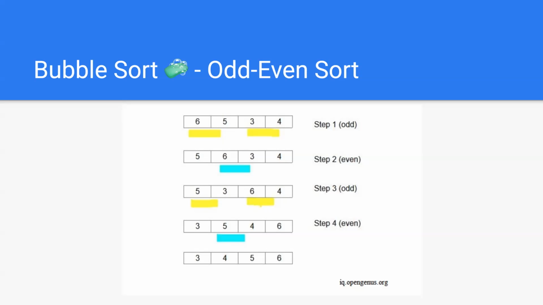Now, what the odd phase does is it compares those adjacent elements as stated before. So an element at index 0 will be compared to the element at index 1. And then the next pair compared will be index 2 with index 3, and so on and so forth. So these threads will execute in parallel and sort the respective phases until the array is fully sorted.